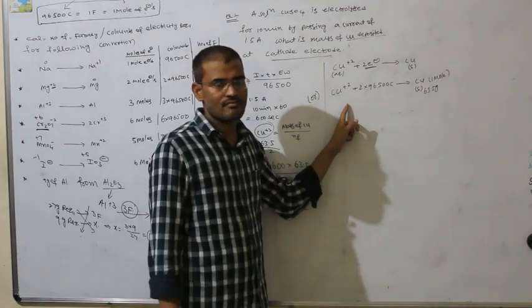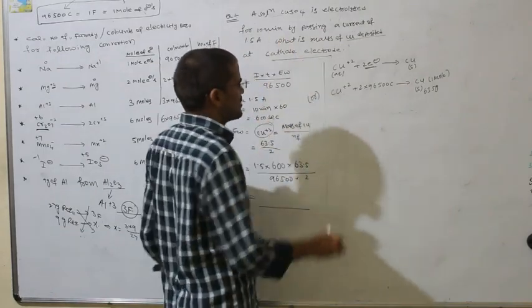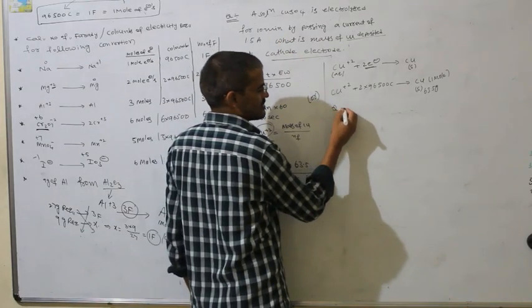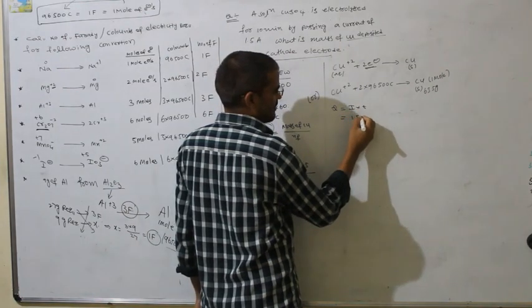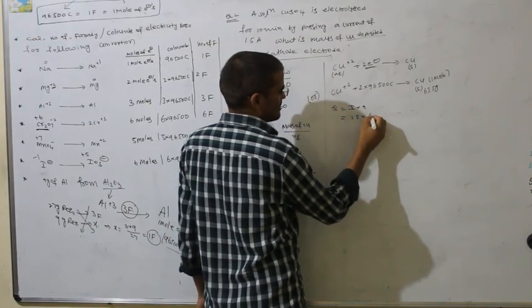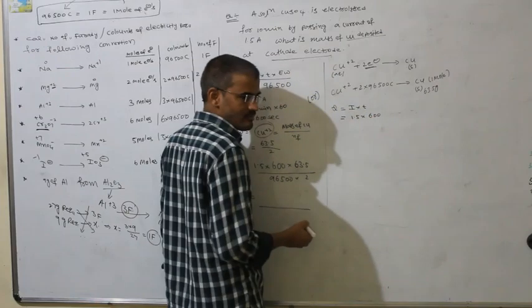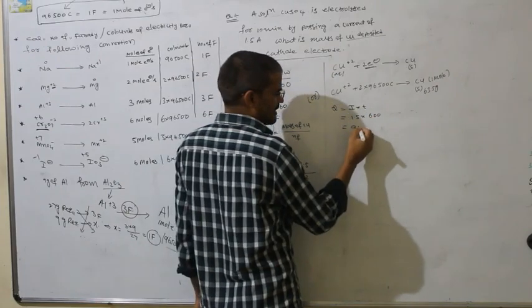So here, now what you do, calculate how much Q you are supplying. Q is equal to I into T. I is equal to 1.5 into T is 600 seconds. It is nothing but 900 coulombs.